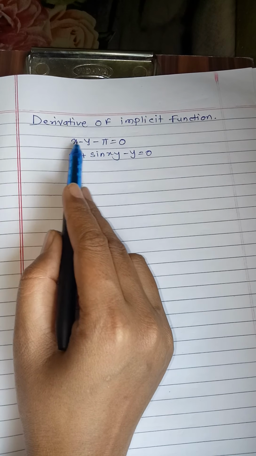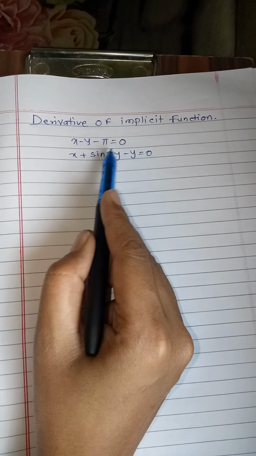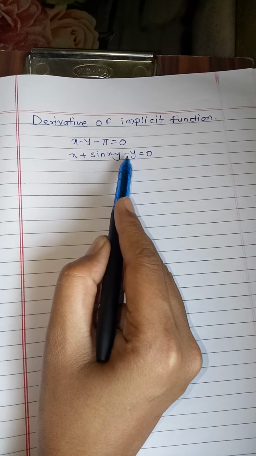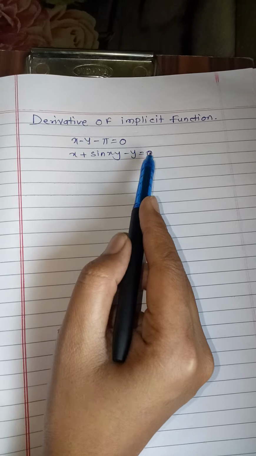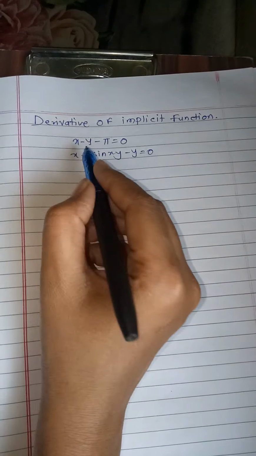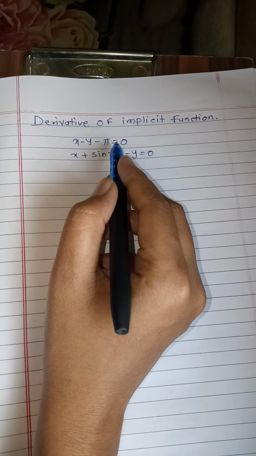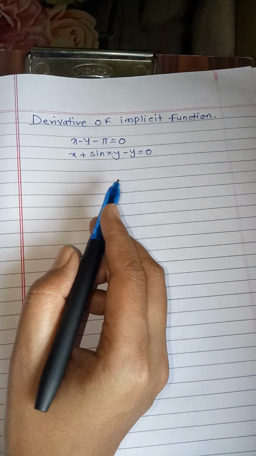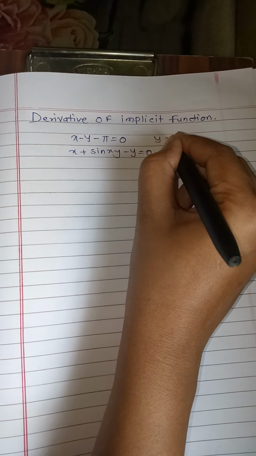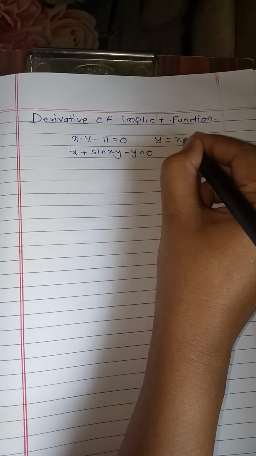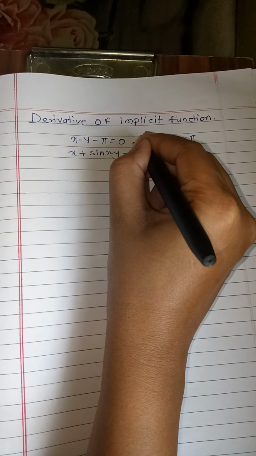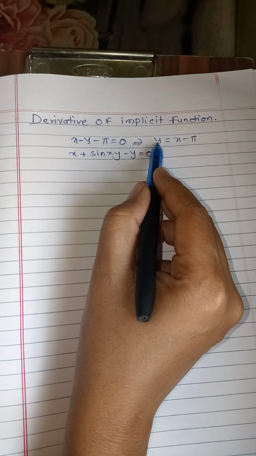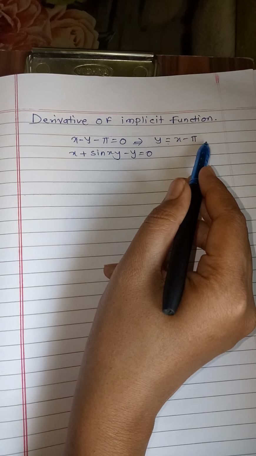First is x minus y minus pi equals 0, and second is x plus sine xy minus y equals 0. In the first case we can solve for y and rewrite the relationship as y is equal to x minus pi.